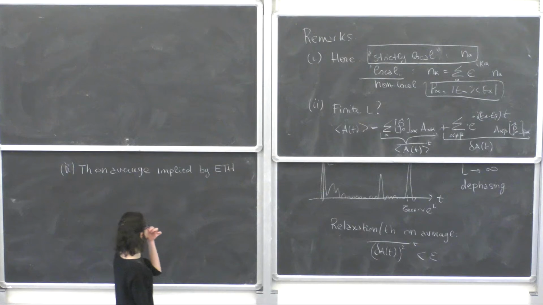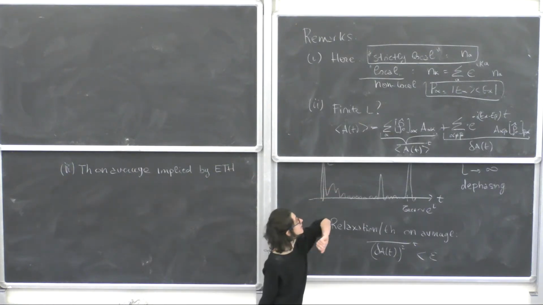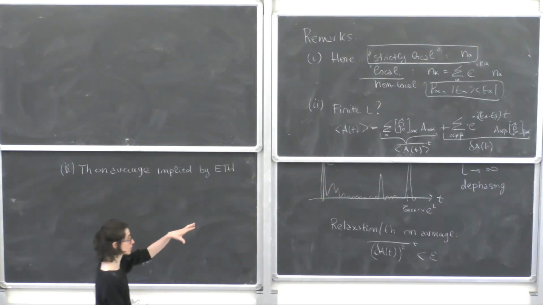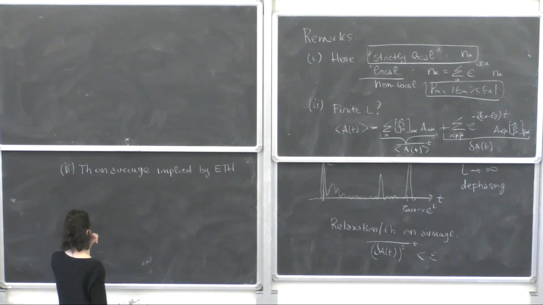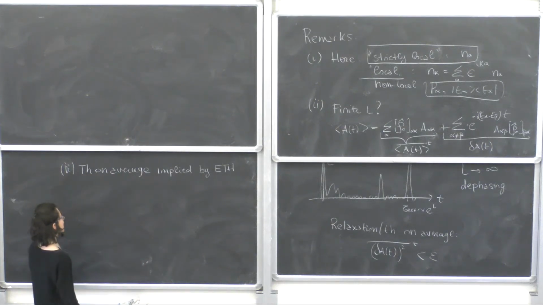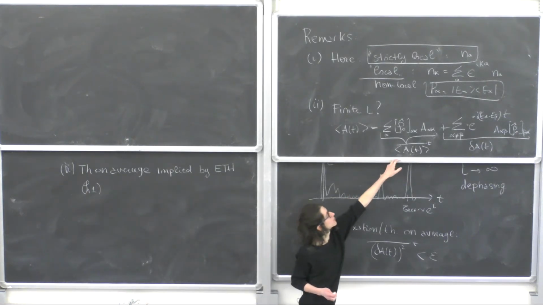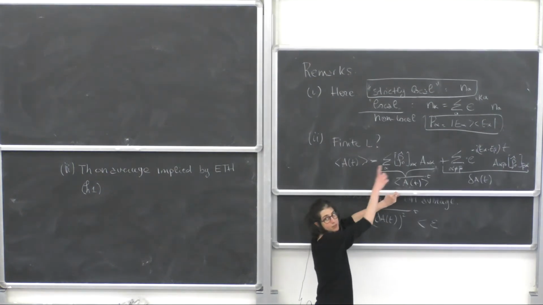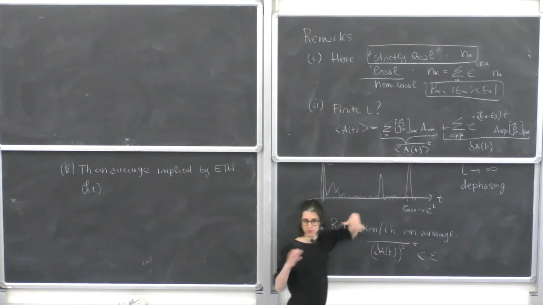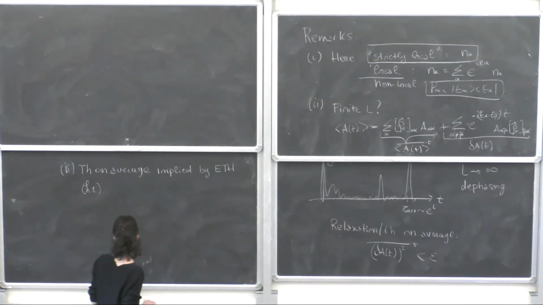which is a hypothesis that you make on the structure of the eigenstates of your Hamiltonian projected on the operator, so on the matrix elements. And the hypothesis is as follows. So first, you also have to ask something when you think about dynamics about the initial state, and you ask something which is very similar to what I wrote about fluctuations of the energy to be bounded.